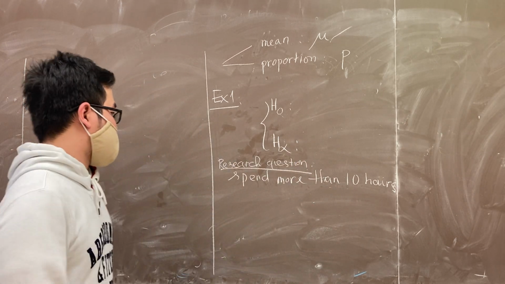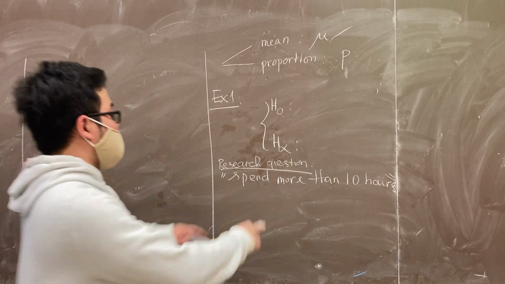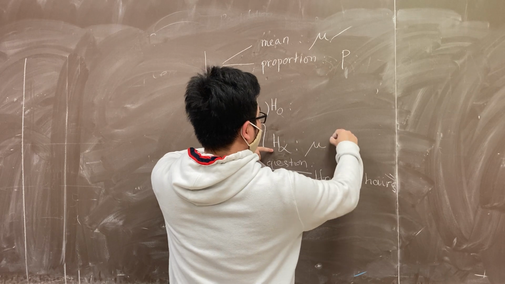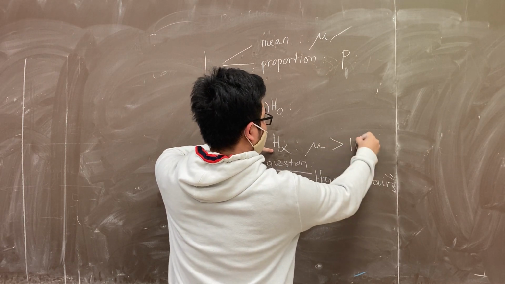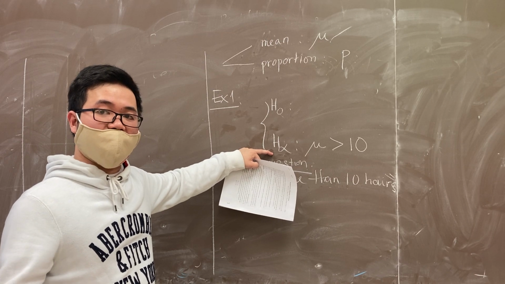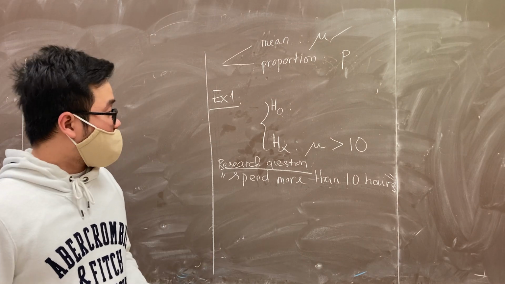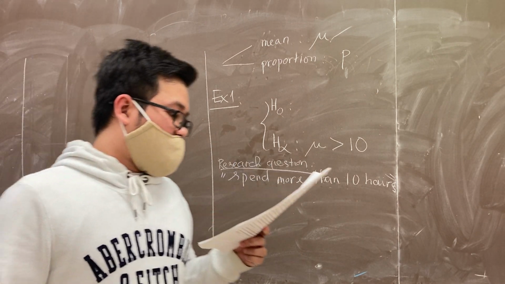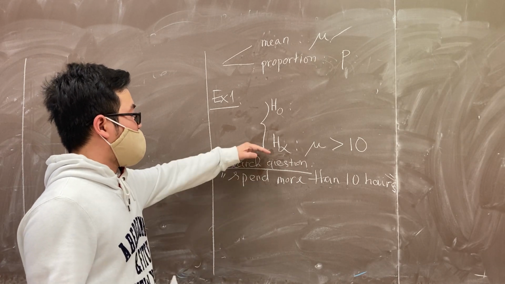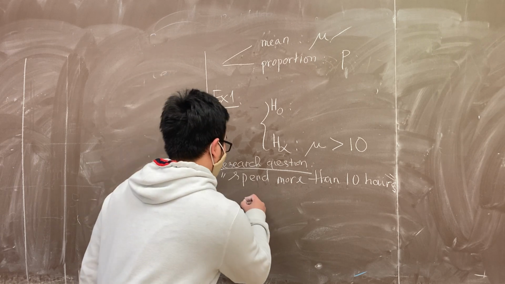So we answer this, and we will check this, right? So the alternative hypothesis here is mu is greater than 10. Is it clear? Mu is greater than 10. That is the alternative hypothesis. And regarding the null hypothesis, this is the opposite of the alternative hypothesis.